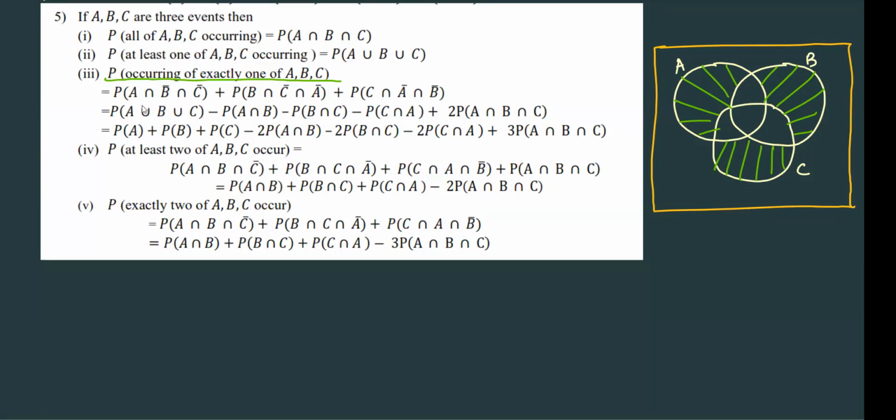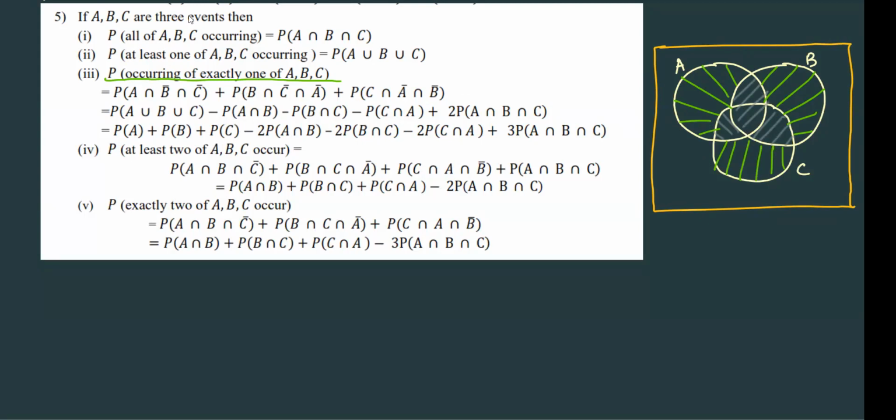So you can write this as P of A union B union C minus P of A intersection B minus P of B intersection C minus P of C intersection A. However, in the process, we have to subtract this whole region once from A union B union C. This whole black gray shaded region has to be omitted once.